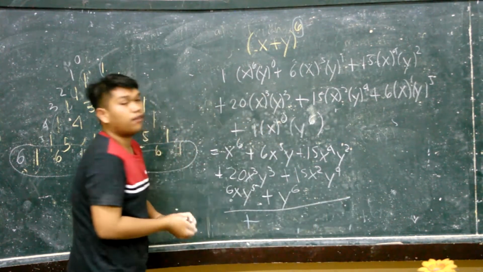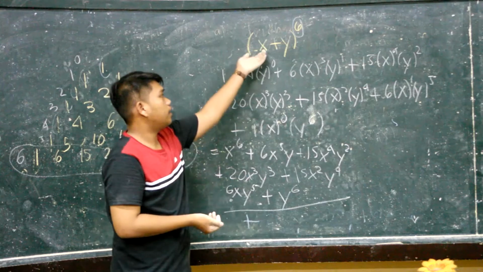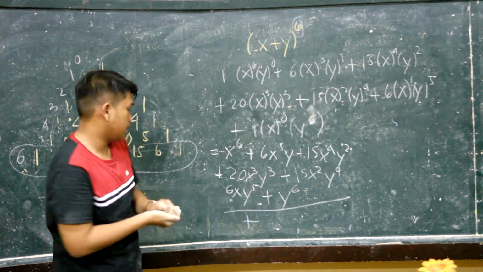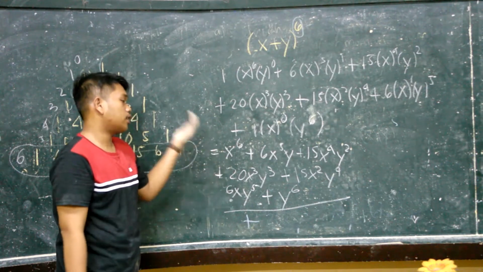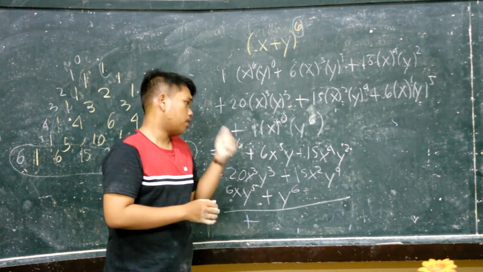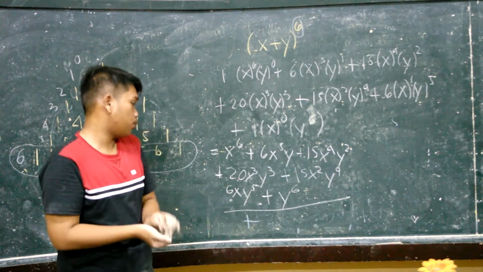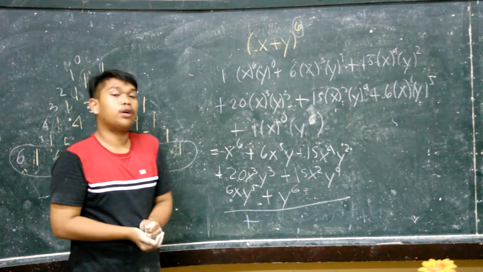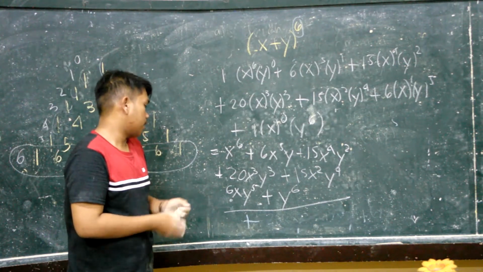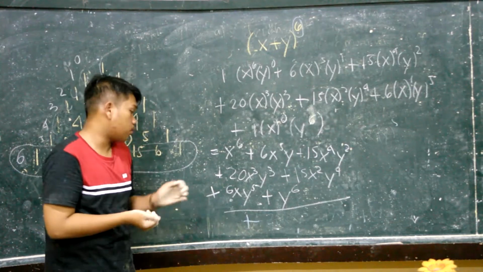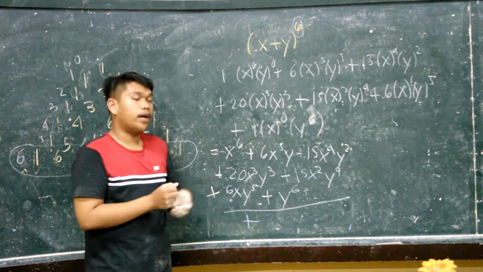So the answer for this given example, (x + y) to the power of 6, is x to the power of 6 plus 6x to the 5 y plus 15x to the fourth y squared plus 20x cubed y cubed plus 15x squared y to the fourth plus 6x y to the fifth plus y to the power of 6.